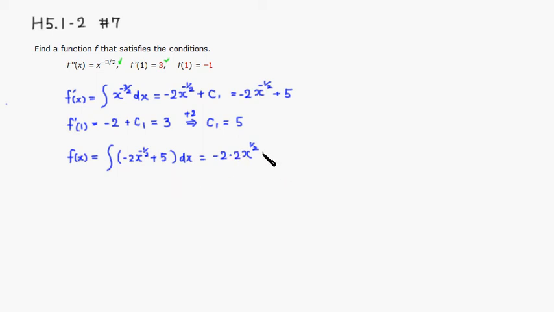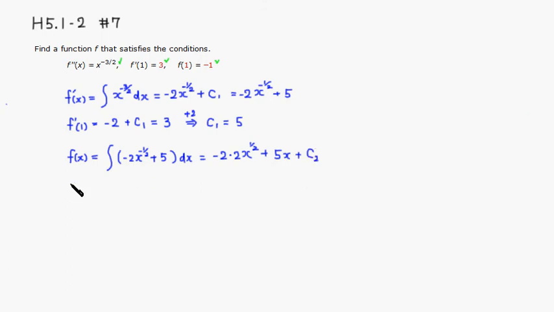Plus the antiderivative of 5, which is 5x. And then you have plus some constant, so I'm going to call it c2. Then we can use the last initial condition to find the value of c2.